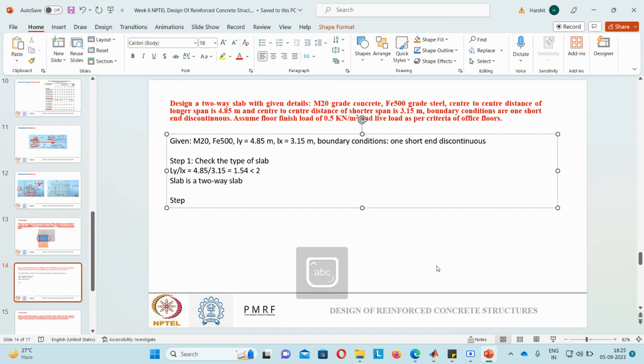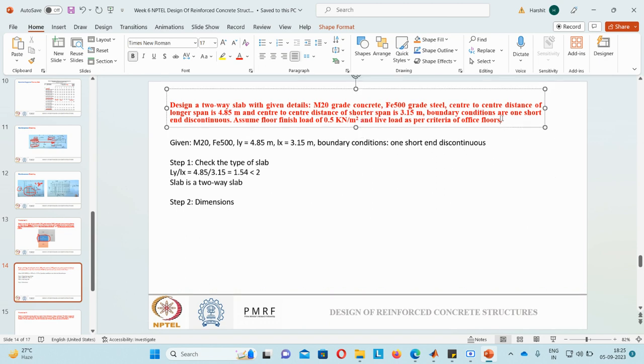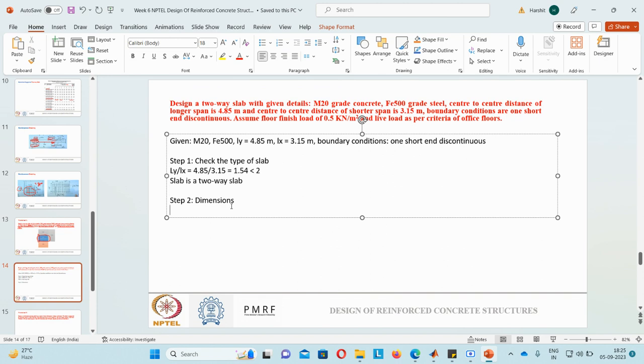So now the second step is to provide dimensions. Okay, now generally, since my shorter length is less than 3.5 meter, and live load as per office load criteria would be 3 kilonewton per meter square as per IS 875 guidelines.